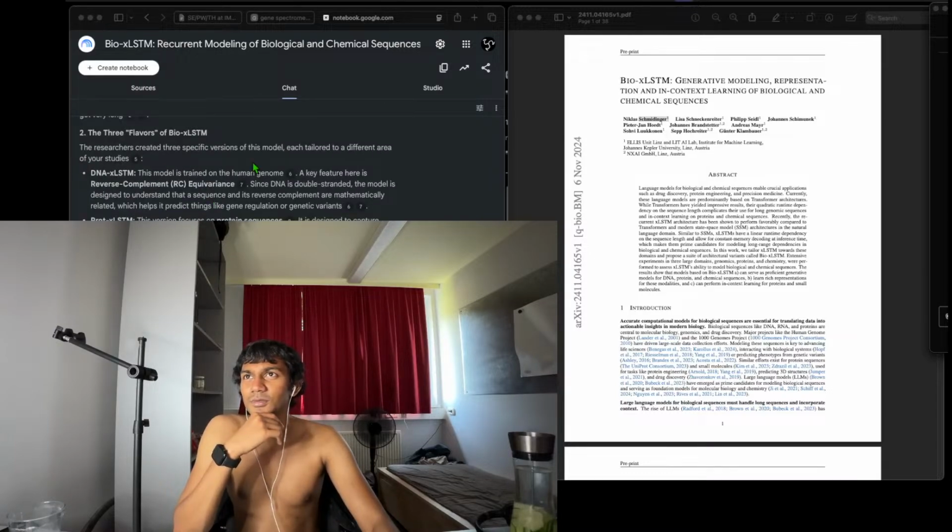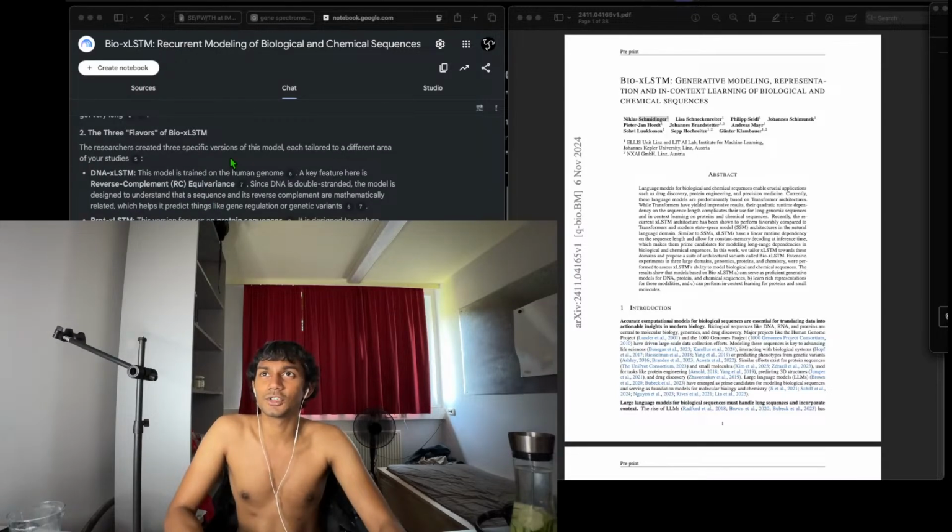The 3 flavors. The researchers created 3 specific versions of this model, each tailored to a different area of your studies. DNA xLSTM: this model is trained on the human genome. Human genome, like me, like my gene, I could be part of it.